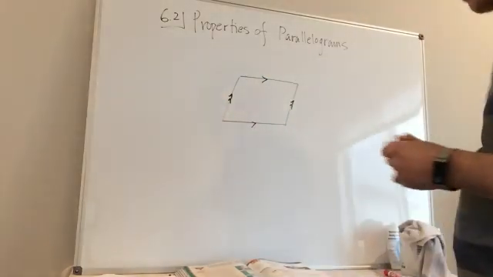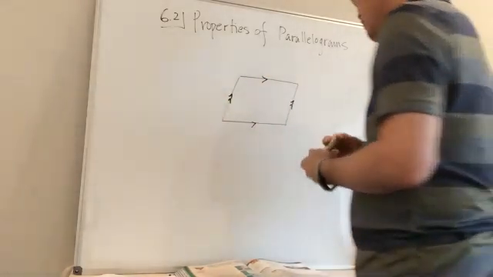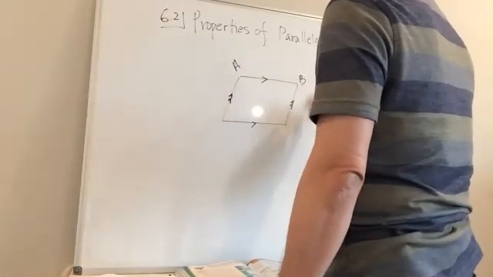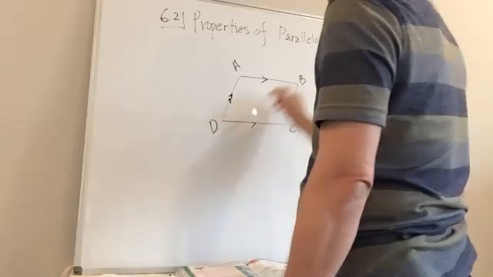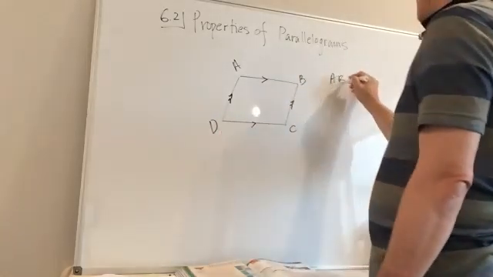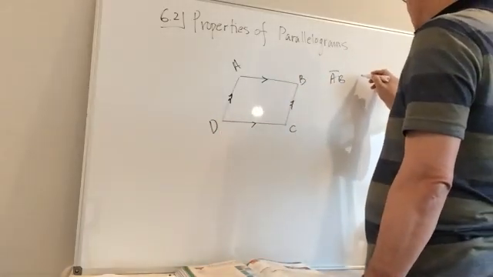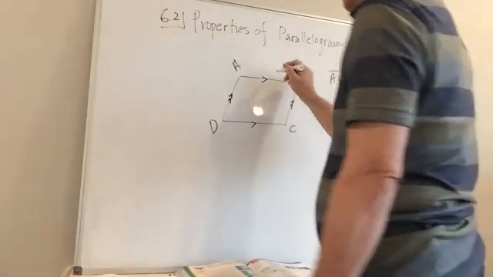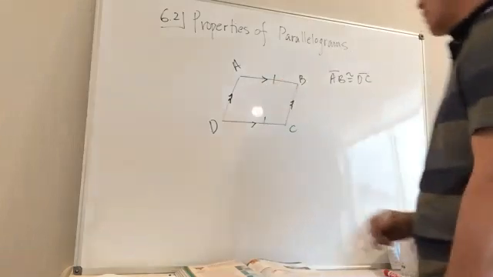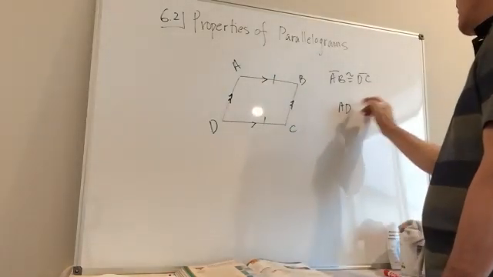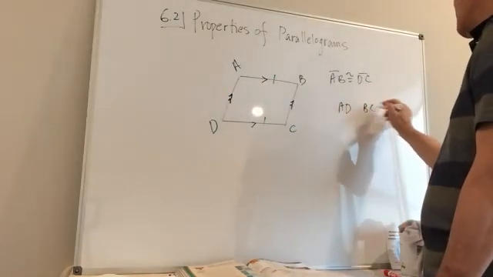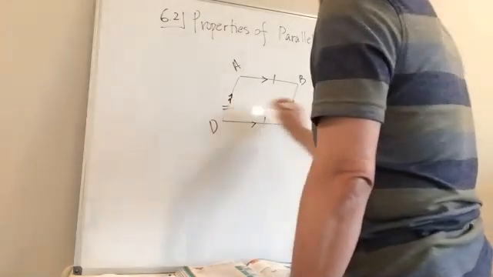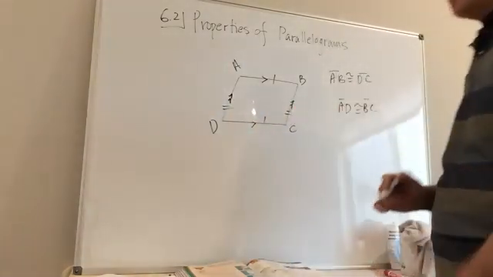So in this type of situation, if you have A, B, C, D, AB and DC are congruent. So this guy and this guy are the same length. AD and BC are also congruent. So this guy and this guy are the same length.